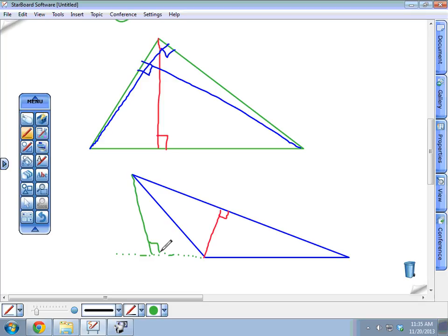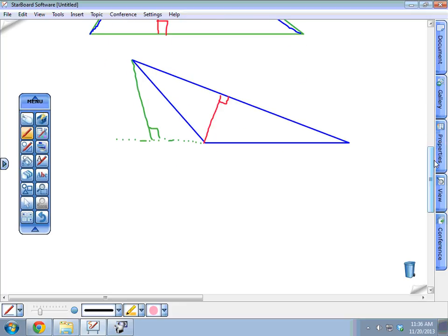And similarly, these things are not the easiest. But if I wanted to extend, I certainly could. And then I could also have another altitude there. So I have 3 altitudes and 3 medians. They may be inside, they may be outside of the triangle.